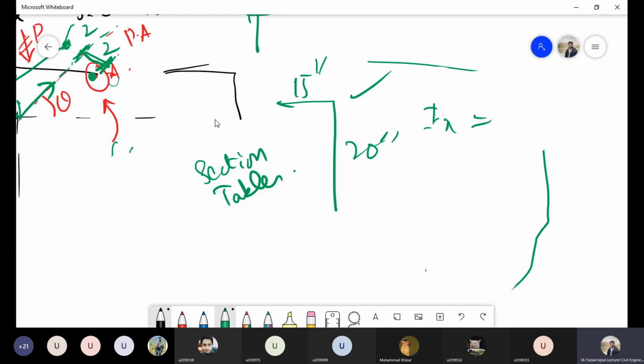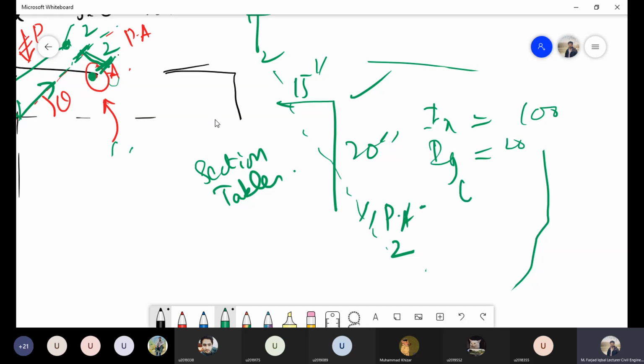For example, it will say that Ix for this one is 100 and Iy is 20. Similarly, it will also mention that there is a third axis, an inclined axis, let's say the z axis, on which the second moment of inertia is maximum or minimum, which is our principal axis.